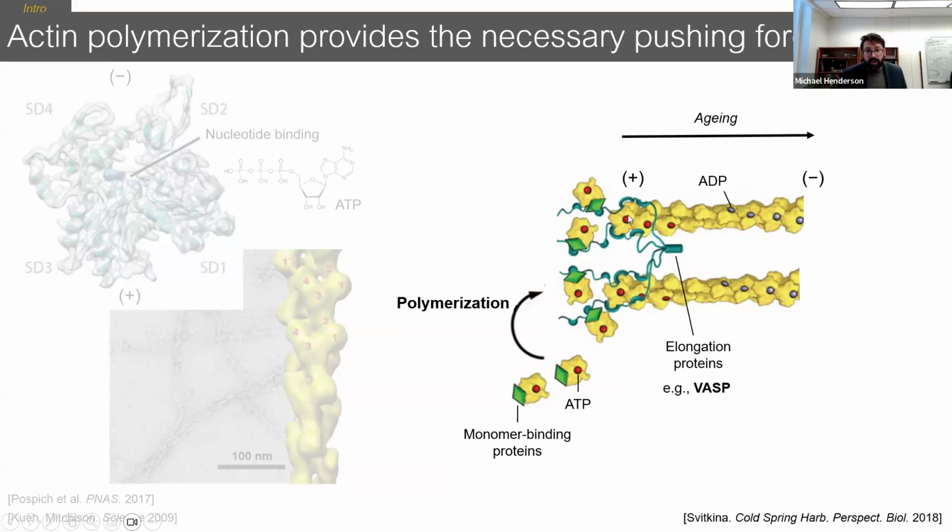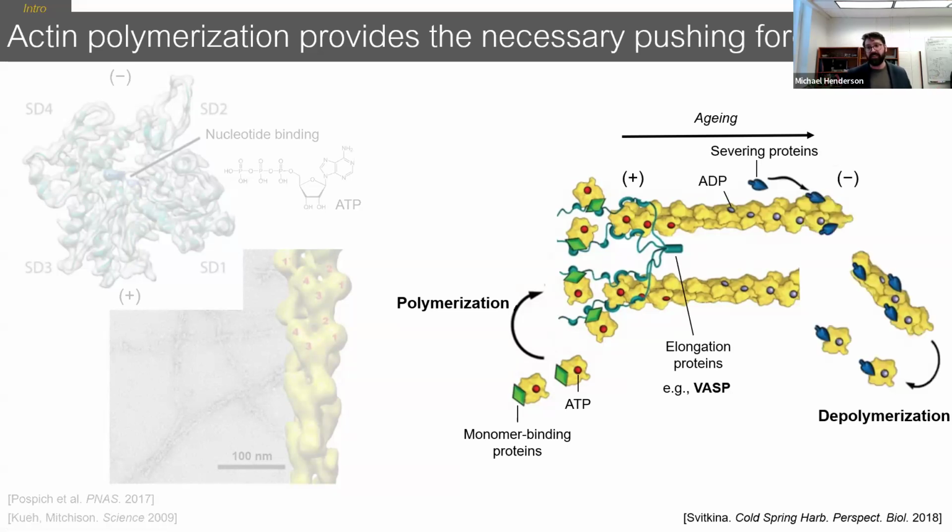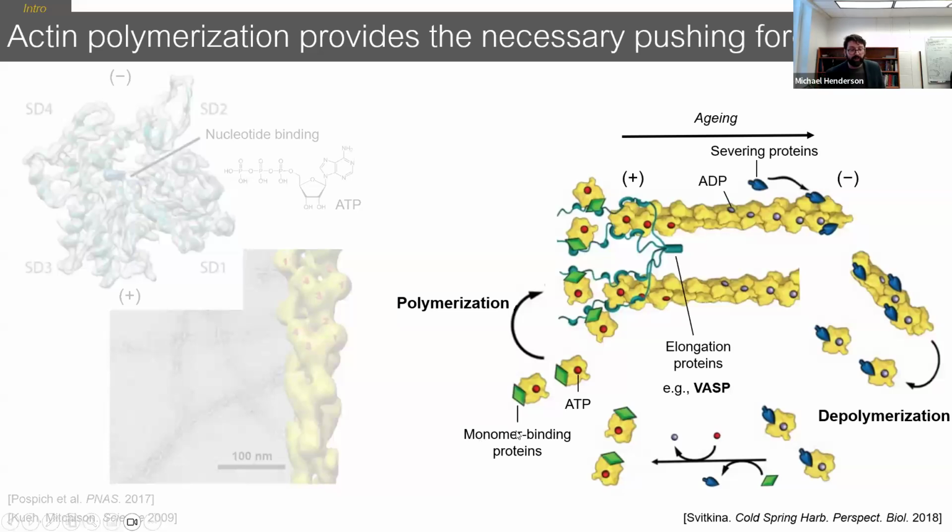As ATP hydrolyzes to adenosine diphosphate, the actin filaments age over time. Other classes of proteins recognize this aged filament and begin to depolymerize it through severing of the filament. Because it's a cycle, we can regenerate the monomers by exchanging ADP for ATP and rebinding the monomer with monomer binding proteins that help facilitate repolymerization.